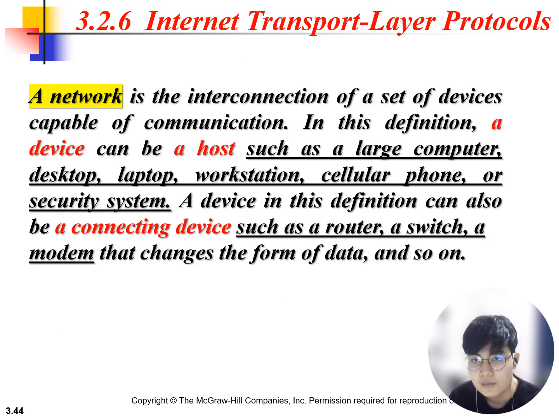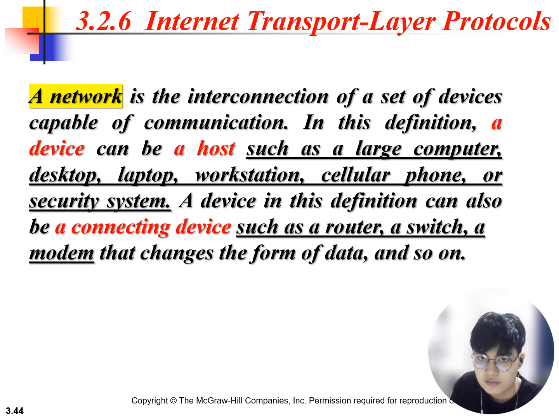Internet transport layer protocols. A network is an interconnection of a set of devices capable of communication. In this definition, a device can be a host such as a large computer, desktop, laptop, workstation, cellular phone, or security system.